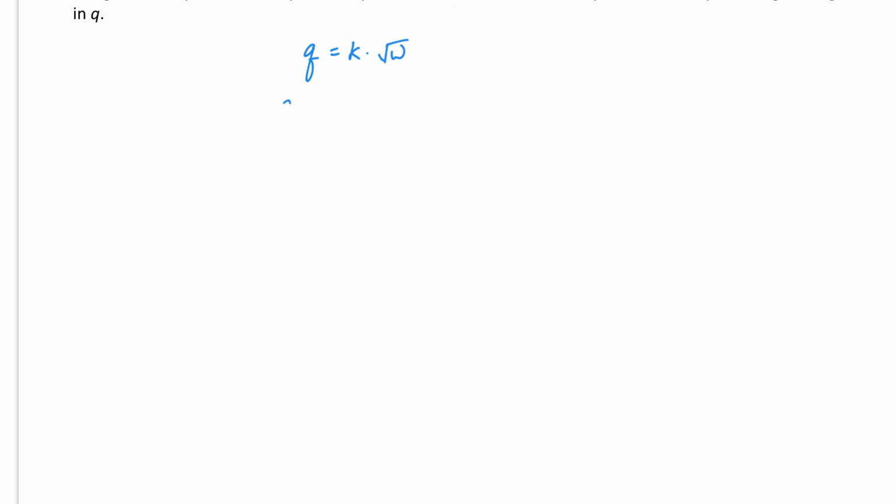That means we have new Q when W increases 44%. Remember, if increase 44%, the factor must be 1 plus 44%.